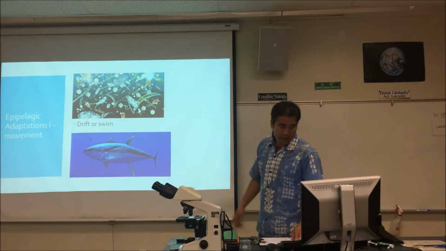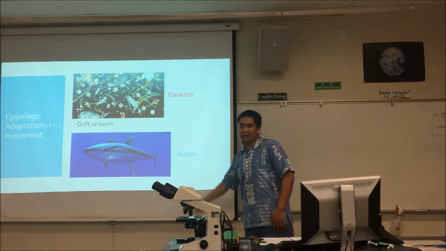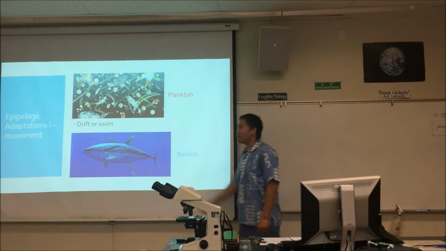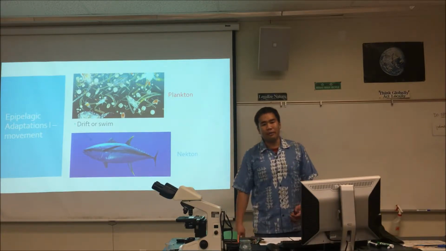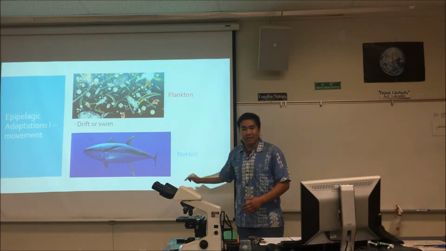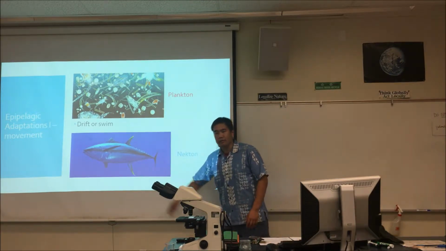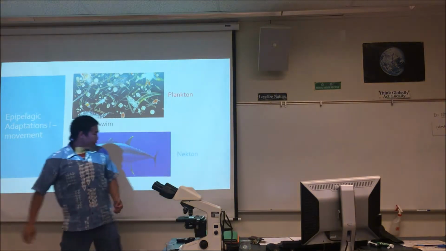If you swim, then we call you a nekton. That's a strange word, but now you know the opposite of plankton is nekton, something that swims around in the open ocean. Something that crawls around is not a nekton, okay? You have to swim around in order to be nekton. So this yellowfin tuna, for example, is a nekton.